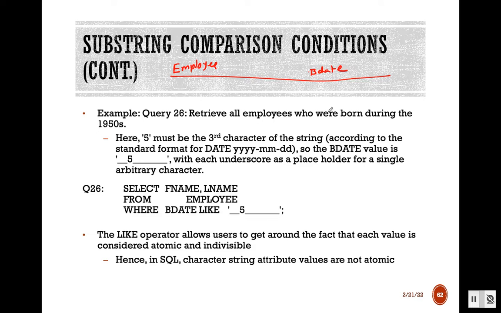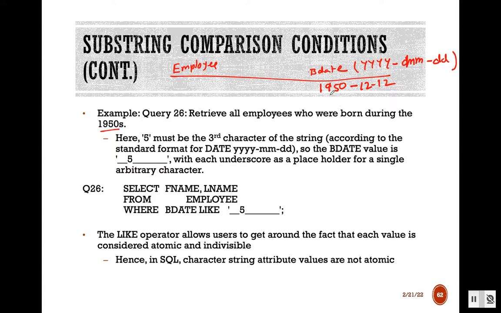The bdate has a format like year, 2-digit month and 2-digit day. So the birthday might look like 1950, any month, 12, any day 12. Here the query is asking to retrieve all employees who were born during the 1950s.